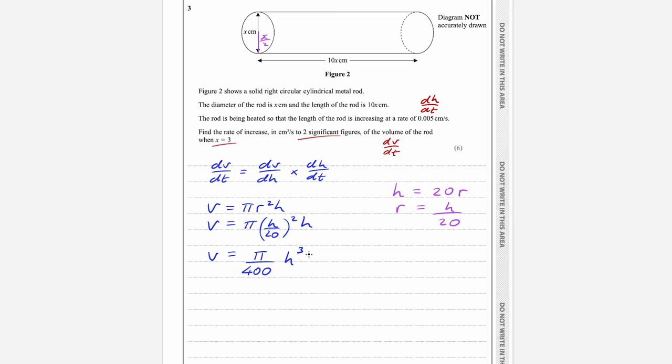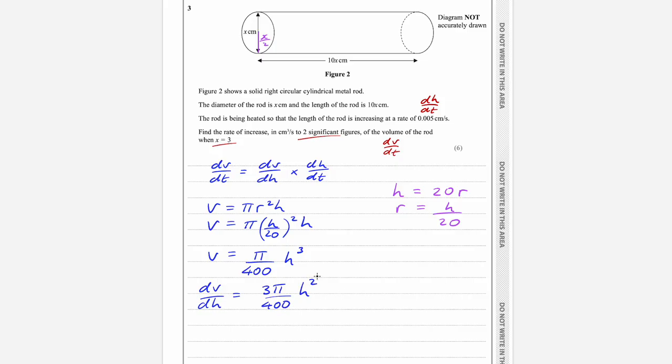Now I do dV/dh because I'm ready to differentiate it. So dV/dh is equal to multiply by the power, 3 times pi over 400 times h, subtract 1 from the power, squared.